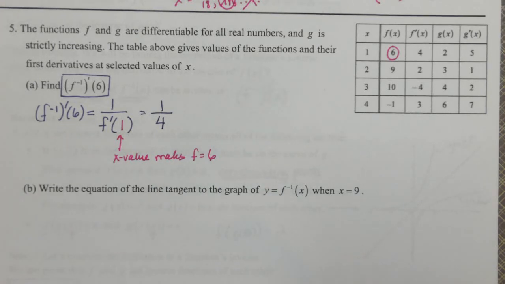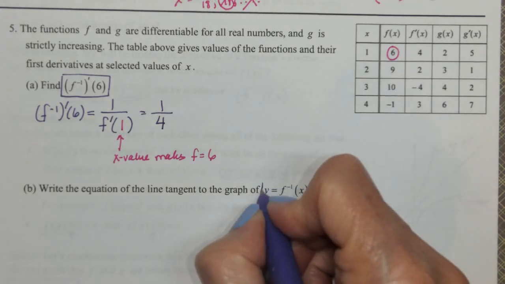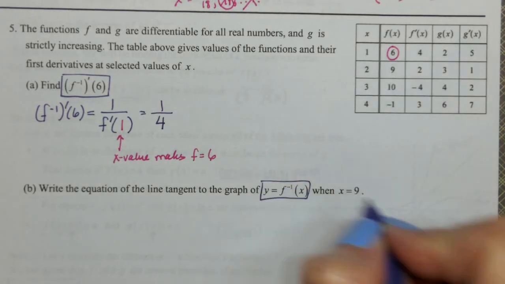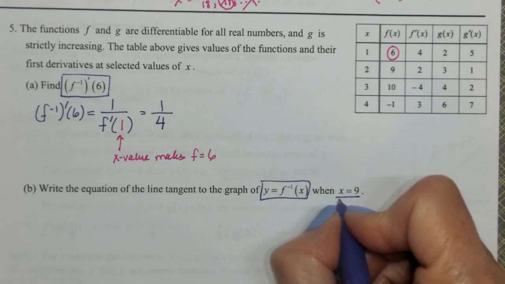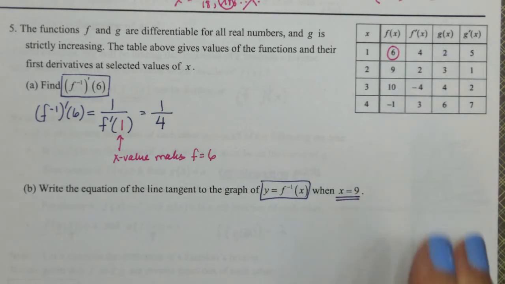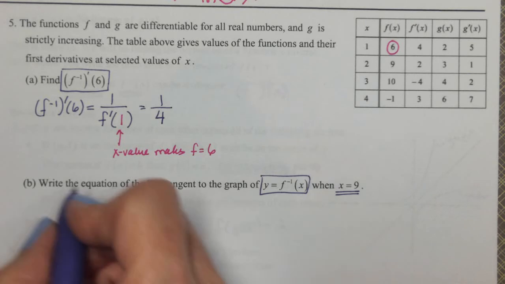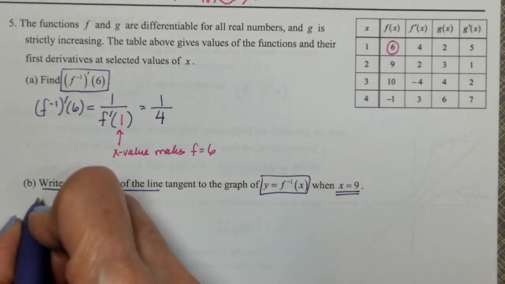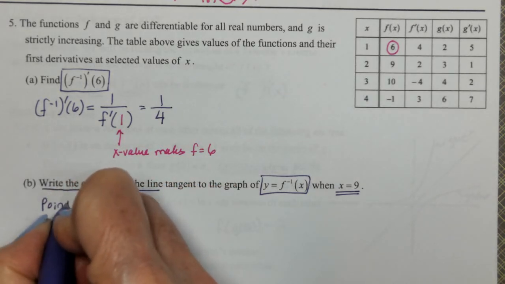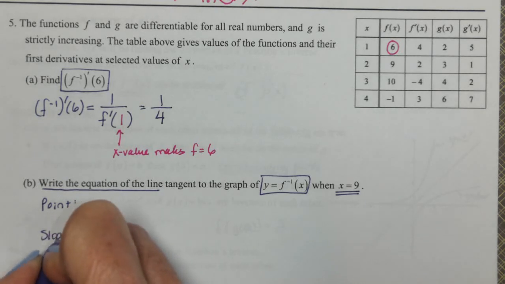Part B, write the equation of the line tangent to the graph of f inverse when x is 9. Well, I need a point and a slope if I'm going to write the equation of a line. So point, slope.